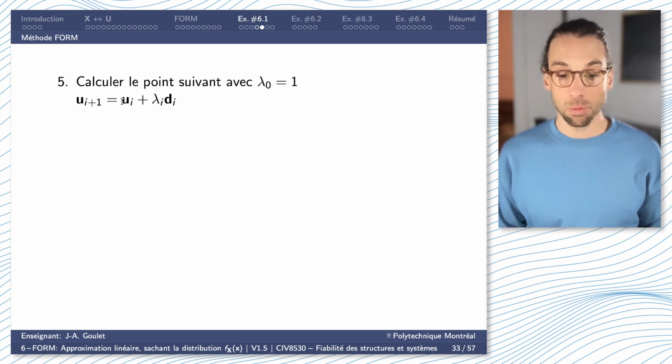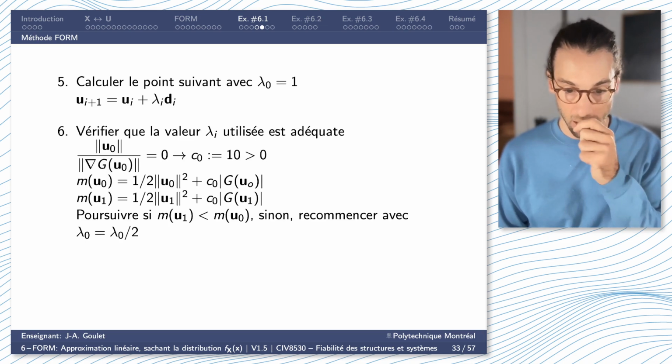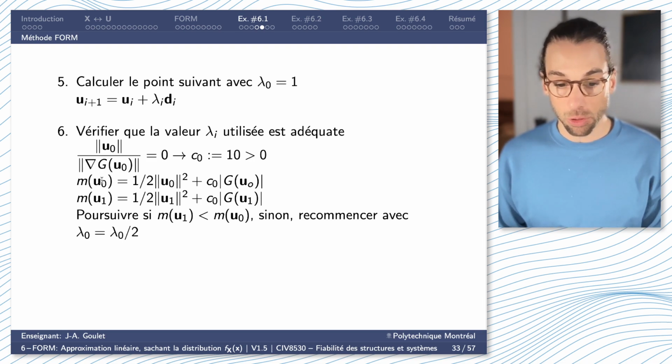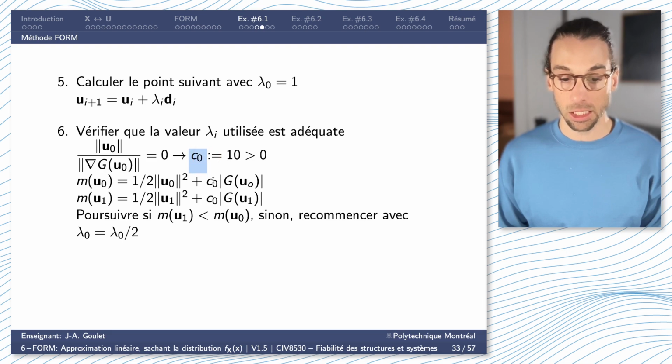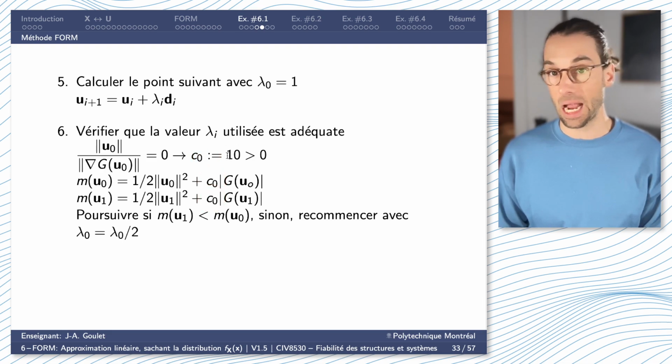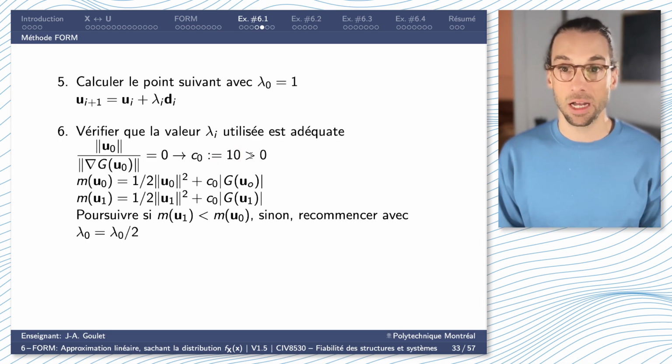I can compute my new point with lambda equal 1 as my current point plus lambda times my search direction. And I want to verify that between two successive steps, my merit function is decreasing. In that case, if I compute this quantity equal to 0, I can choose my constant here to compute my merit function, equal to say 10. If it's greater than 0, it's going to satisfy that I'm going to converge.